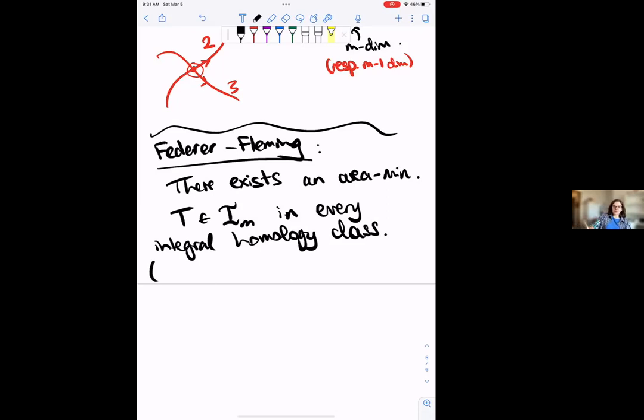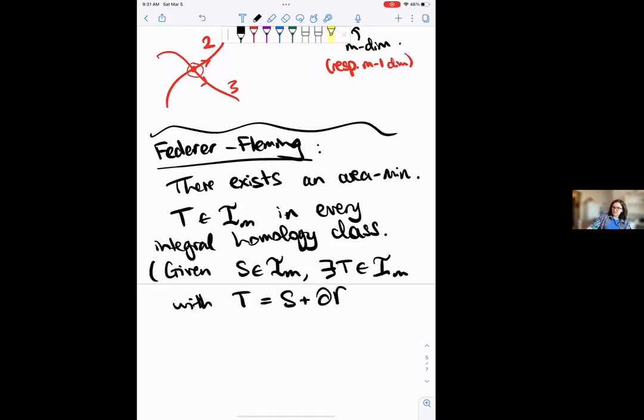So what I mean more precisely is, given an integral current S, there exists an integral current T with T being in the same homology class as S, and such that the area of T is the infimum of the area of R tilde such that R tilde is in the same homology class.